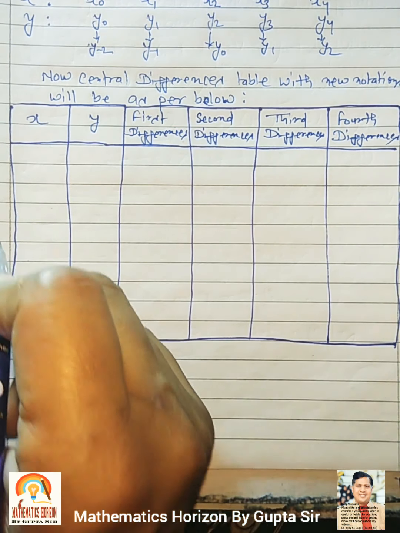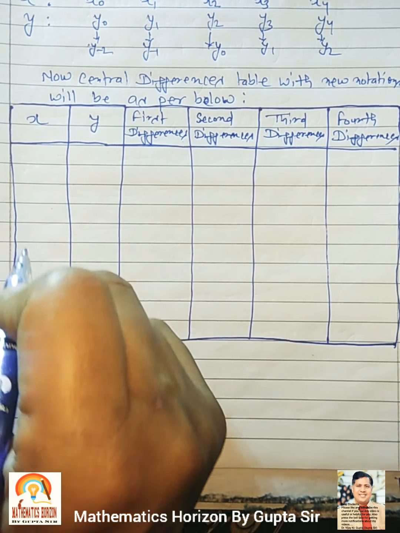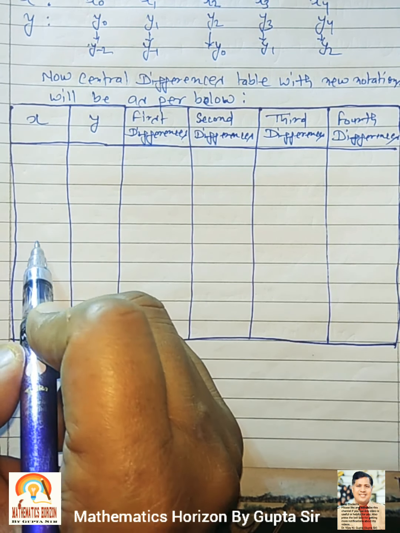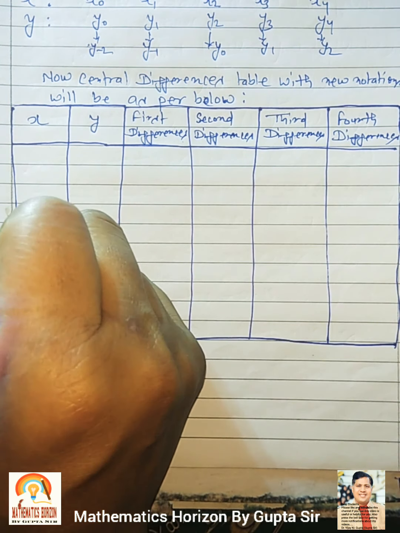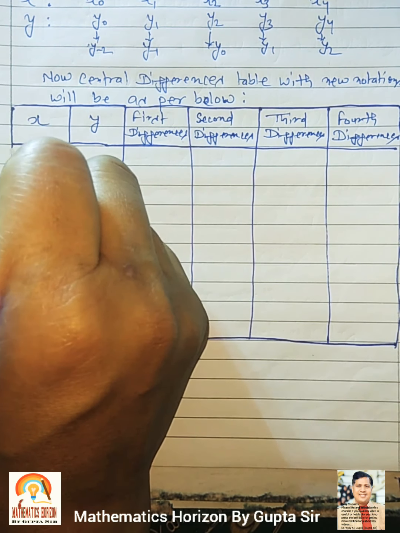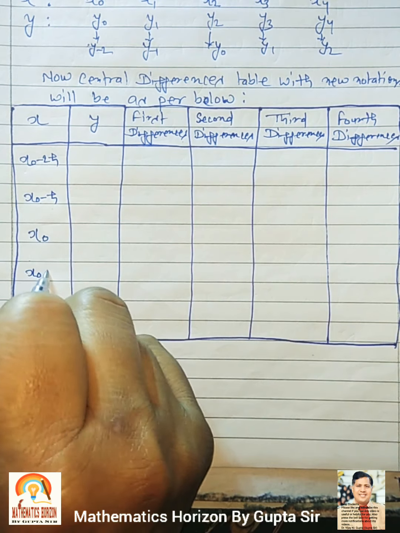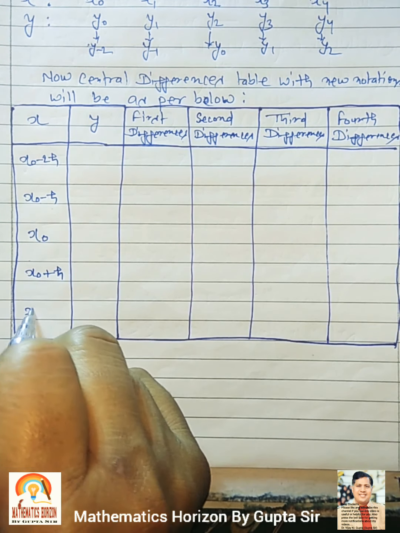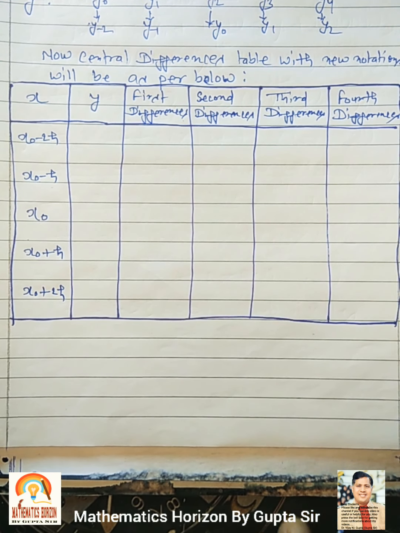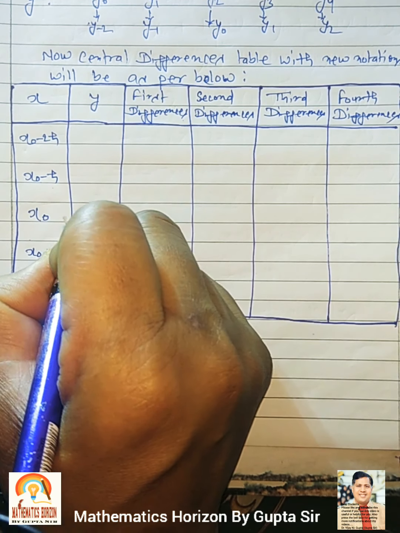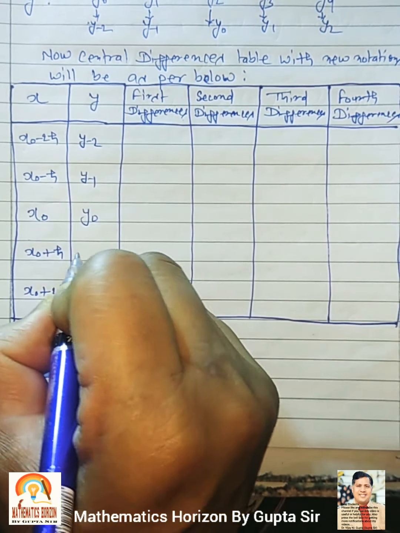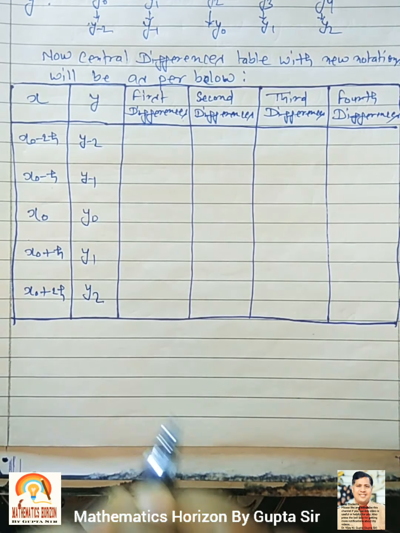And suppose x0 minus 2h, x0 minus h, and this is x0, then x0 plus h, and x0 plus 2h. Now the corresponding values of the function will be y minus 2, y minus 1, y0, y1 and y2.